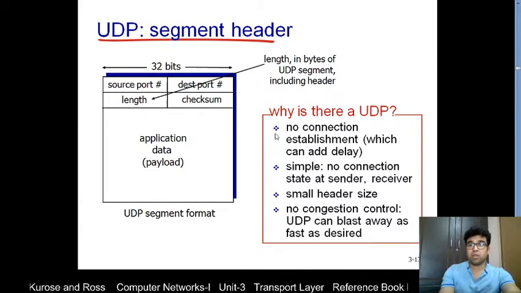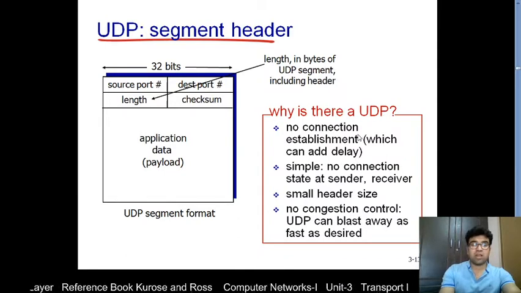As we see, it says UDP provides fast communication. Why is UDP able to provide fast communication? Because there is no connection establishment in UDP. A client and a server do not have to create a connection before sending the data.